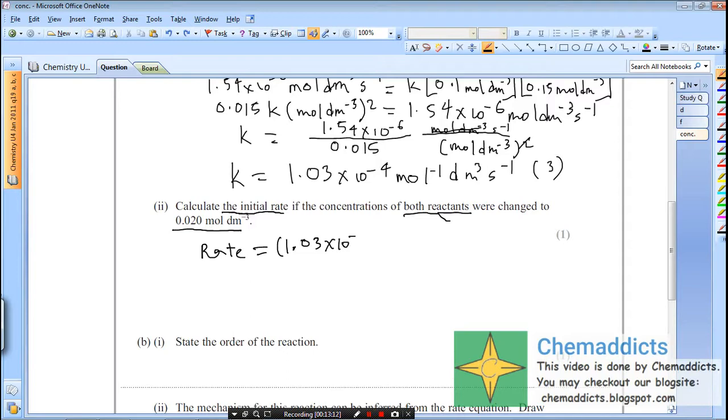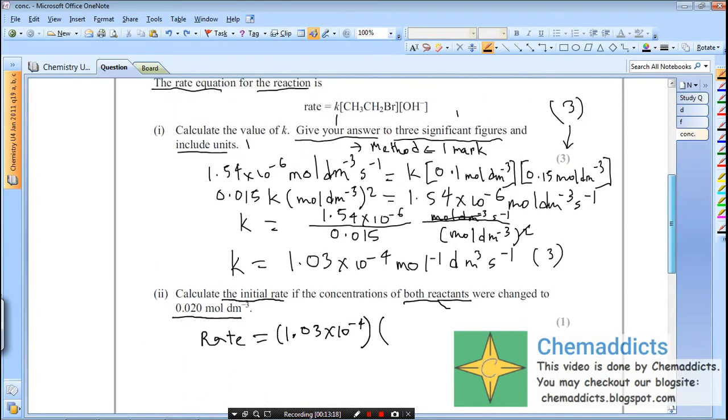So we have written the rate constant, and here we have the rate equation. For bromoethane, the order of bromoethane is 1, so this should be 0.02 multiplied by the order of hydroxide. Since the order of hydroxide is 1, the value should be 0.02.